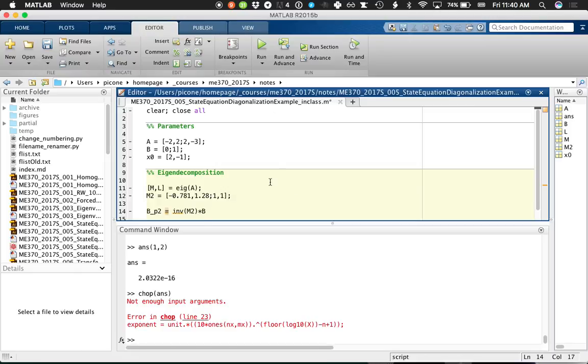So we'll also compute the B prime for the eigen decomposition that Matlab got using a different scaling, which is totally valid. So we'll do inverse of M times B.